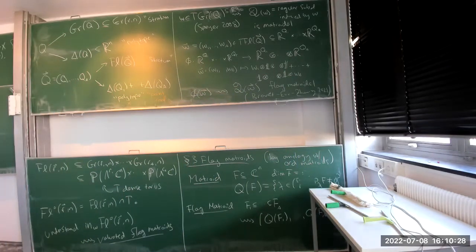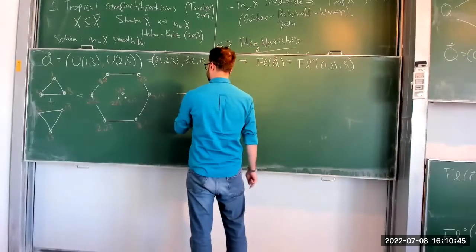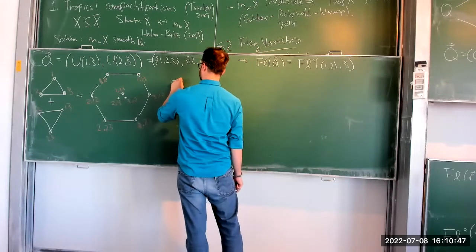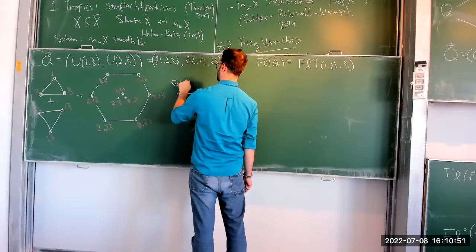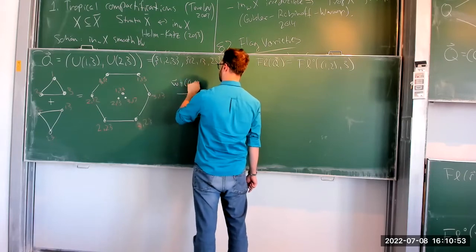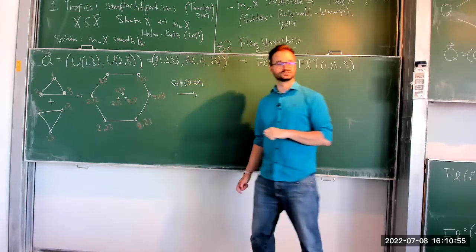Okay, so maybe to illustrate this concept, let's look at the example. I stole the red chalk. Here it is. Right, so let's take W vector to be 1, 0, 0 for the first one.